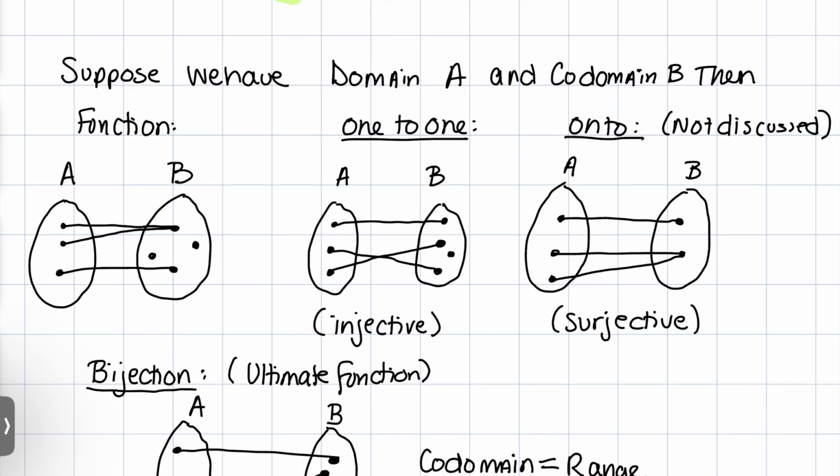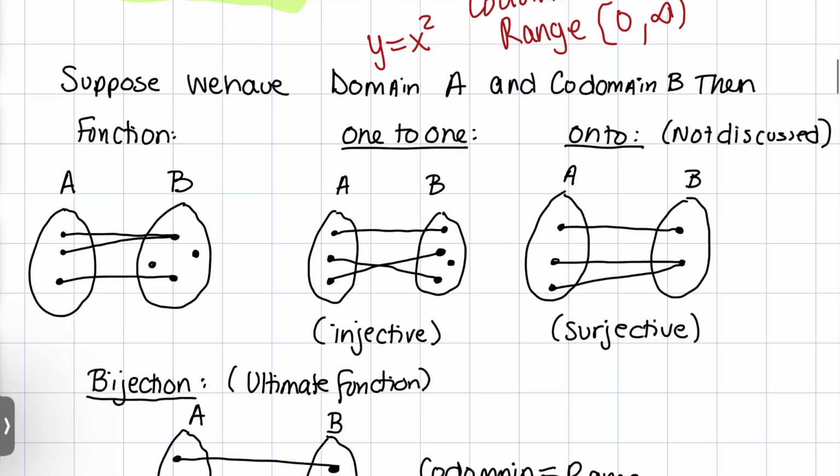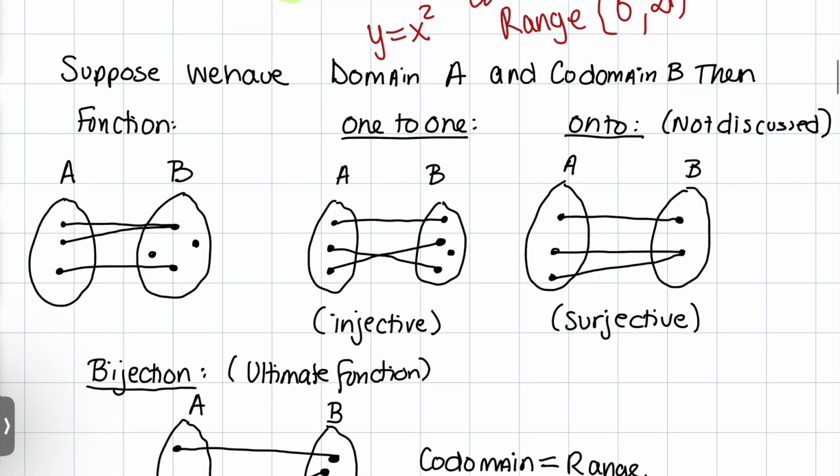So take a parabola, for instance, y equals x squared. We know that the range is going to be 0 to infinity, right? We know that for a fact. But the codomain is all the values that you can hypothetically get out, which is all real numbers. You're going to get real numbers out of plugging anything in. So that's the idea where the codomain is a larger space than the range.